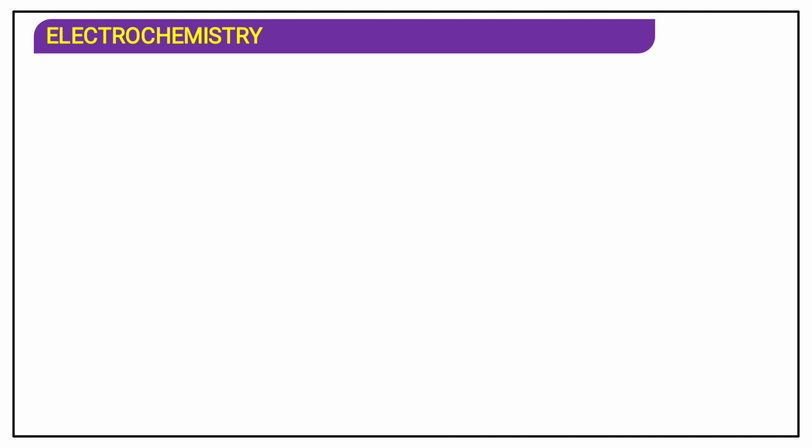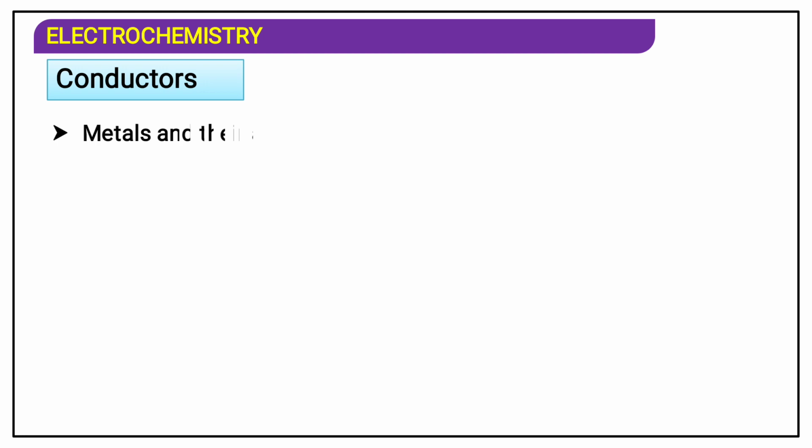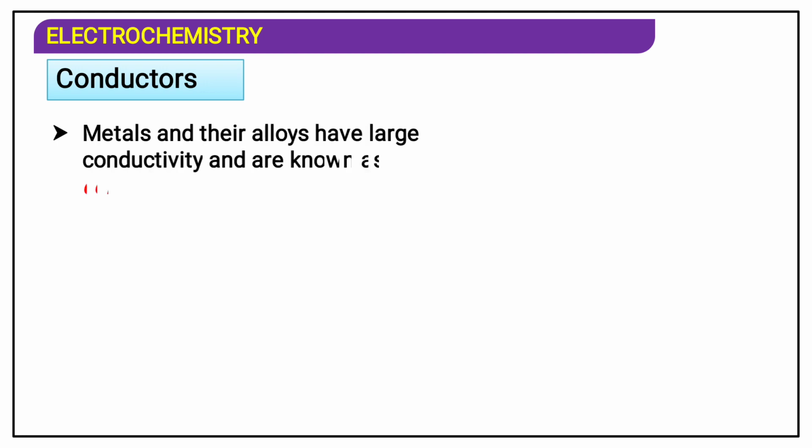Let us go to the first one, conductors. You already learned a little bit about conductors in lower classes, so let us go into some detailed study in this session. See, most of the metals and their alloys. You know the meaning of the word alloy?